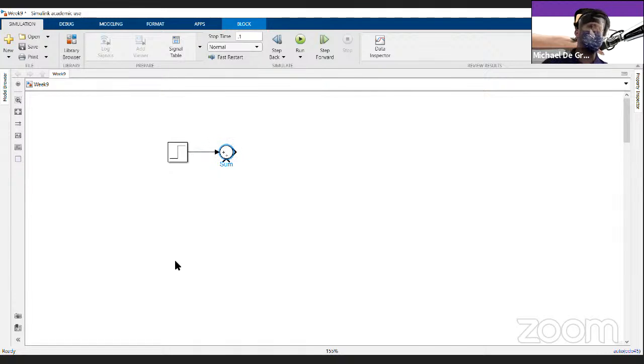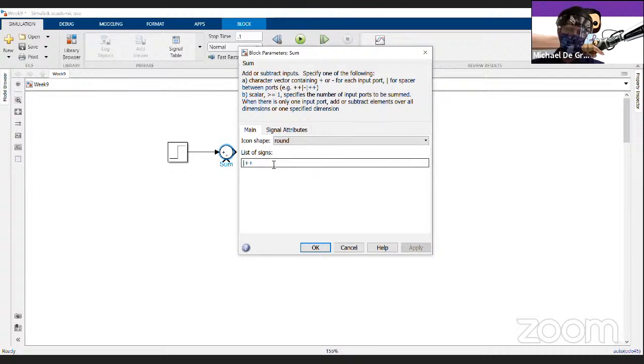I'm going to connect this to the summing junction, right? Because that's going to come in. But I only have one other input here, right? So how am I going to mess with that? Well, if I double click on my summing junction, you'll see you get the list of signs here, right? Well, I know I'm going to subtract two things from this, so I'll put in two negative signs.